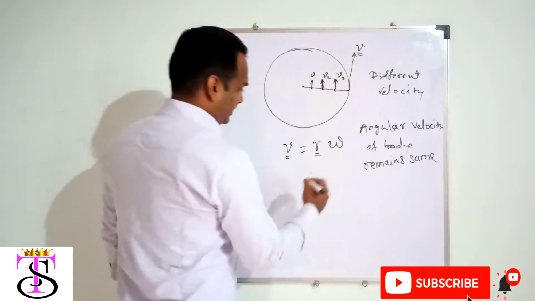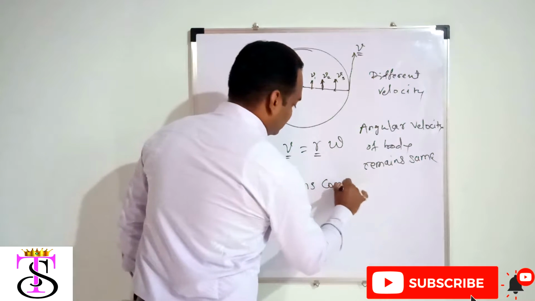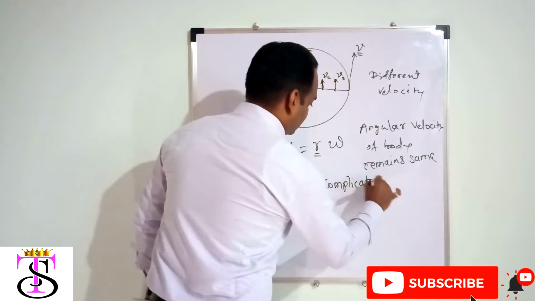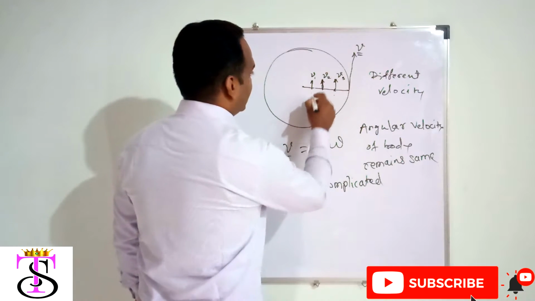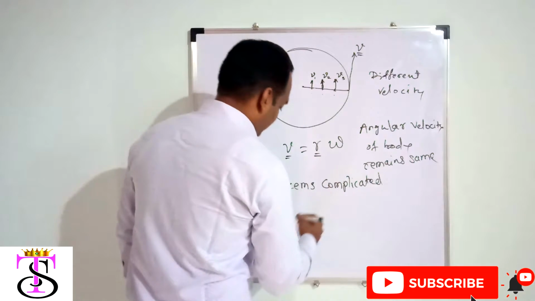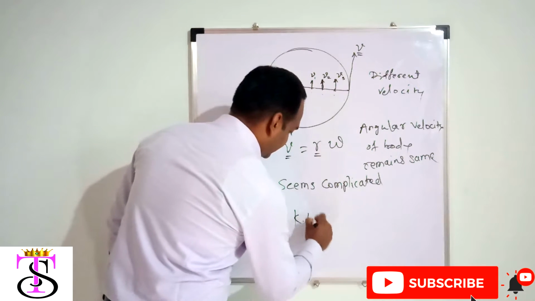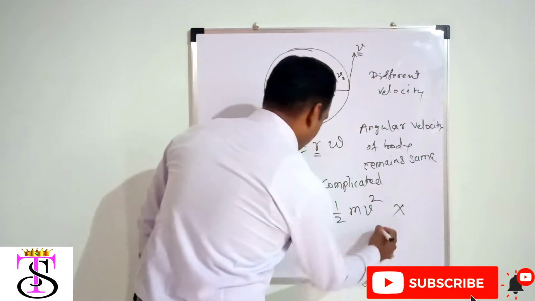So it seems very complicated because at every point the body has a different velocity. It is very difficult to find the kinetic energy by using this formula, right?